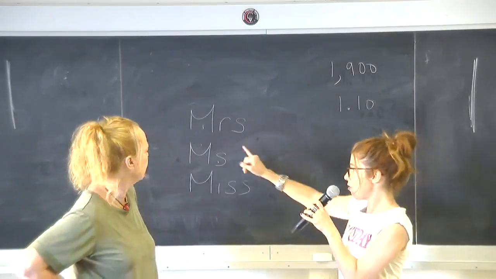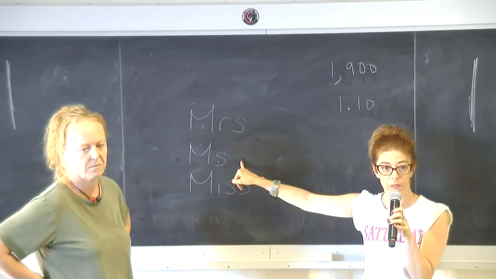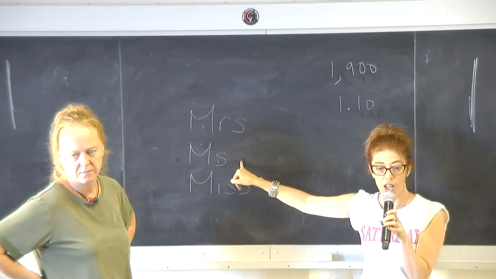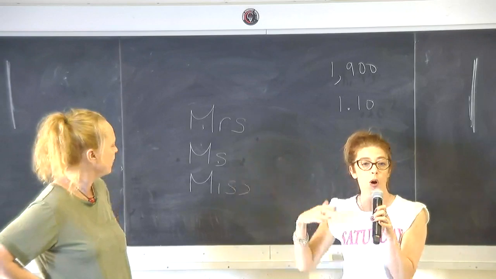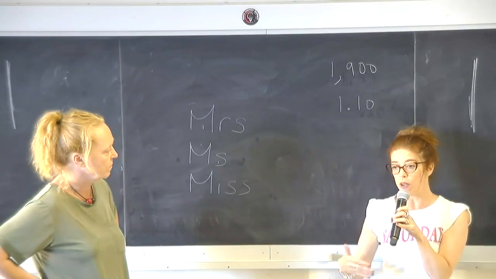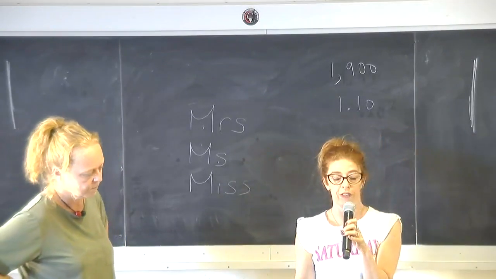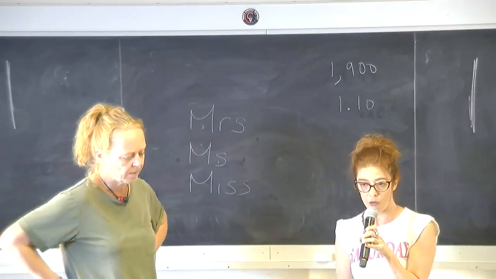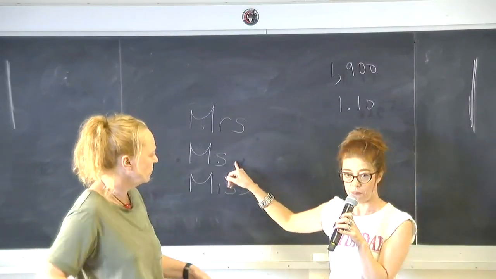Then in general, unless you know that the woman is married, okay, you're going to use Ms., okay? It's the more modern way of addressing a woman. So if you don't know if the woman is married, or if you're not sure exactly how old she is, you're going to use Ms.